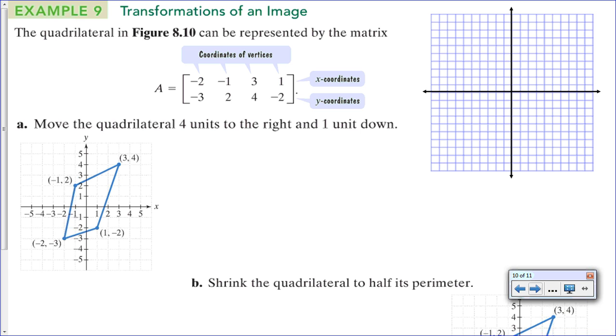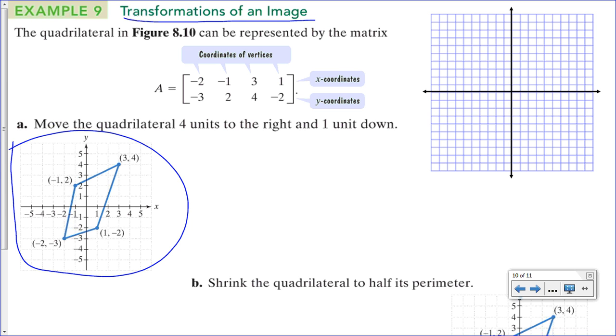Now the next and last 2 slides are going to relate to transformations of an image. And of course we have a very simple image here. It's a quadrilateral. And now we're going to look at the columns. Remember how in Algebra 2 we used to look at matrices to represent equations. Every row was an equation.